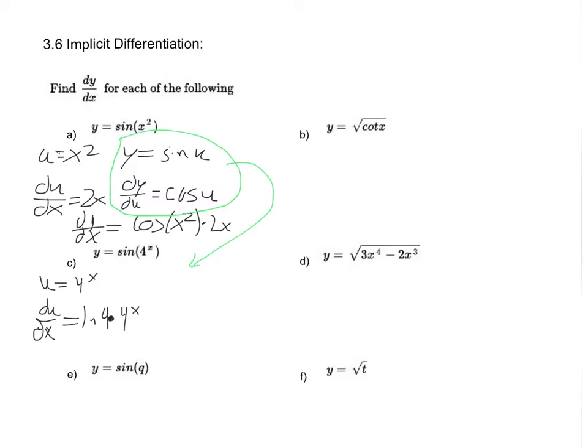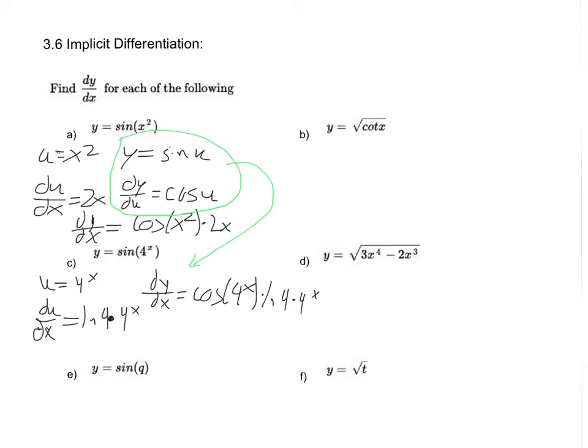And then we'll just put it together. dy dx is equal to cosine of u, but now u is 4 to the x, times natural log of 4 times 4 to the x.